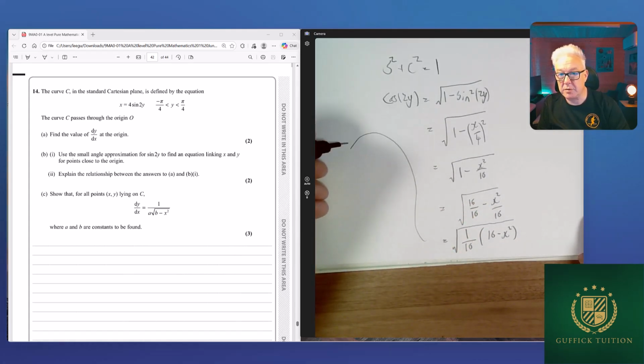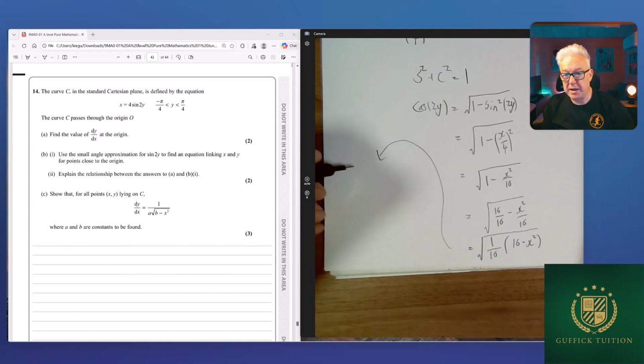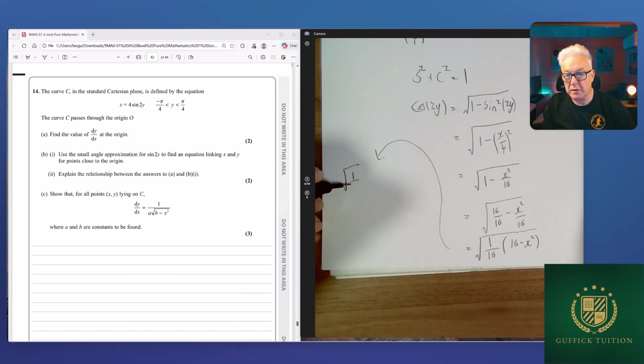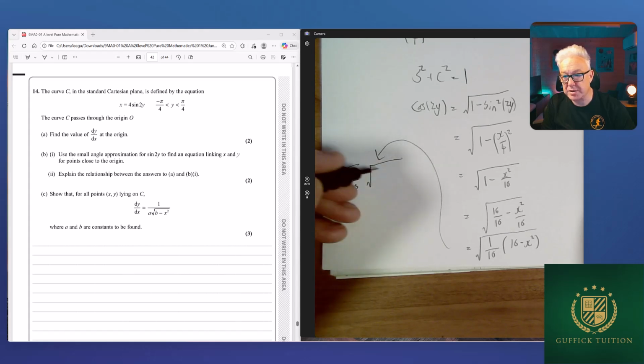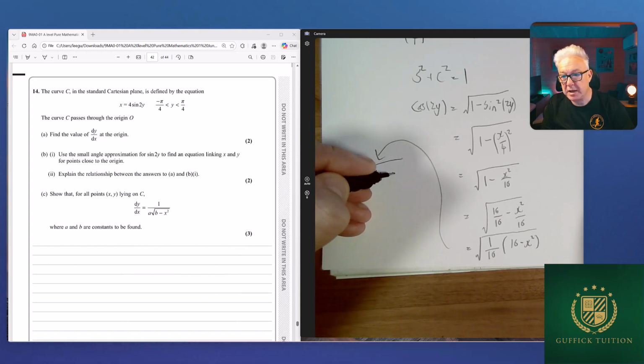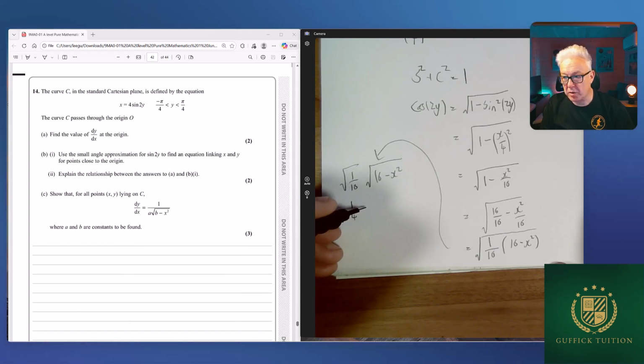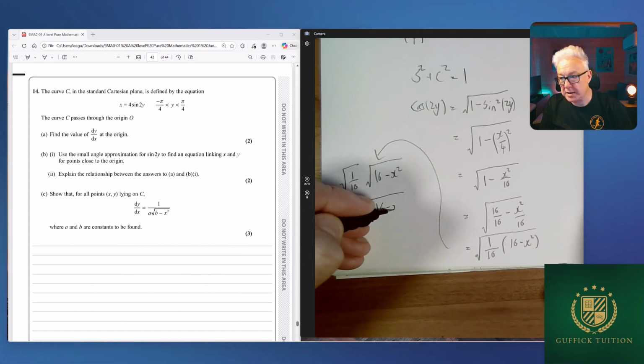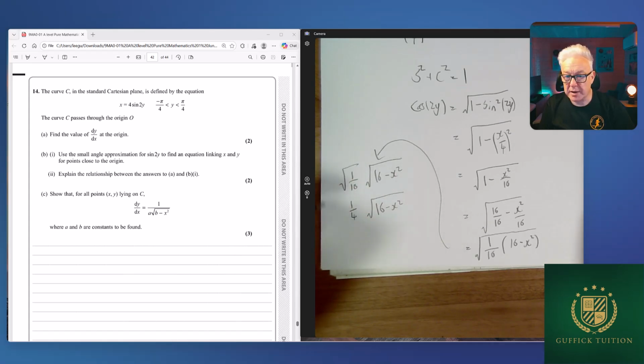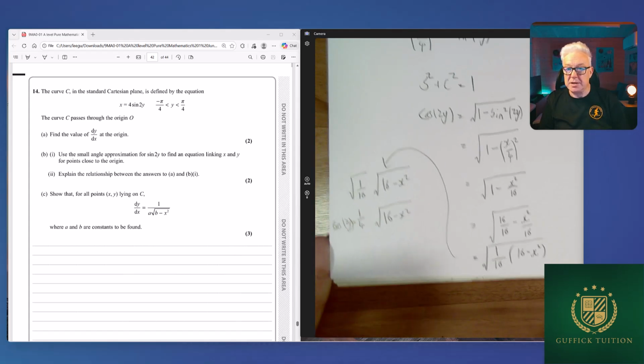This is the same as the square root of 1 over 16 times the square root of 16 minus x squared. 1 over 16 square rooted is a quarter. That is technically plus or minus a quarter, but we're just going to go with the positive value for now. So that's our expression for cos 2y.